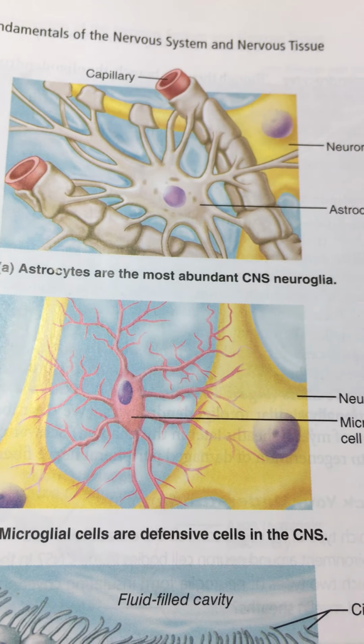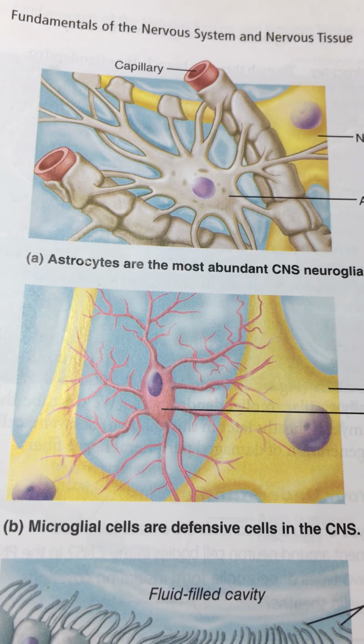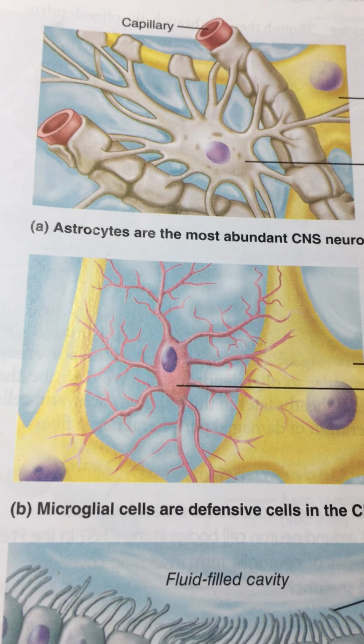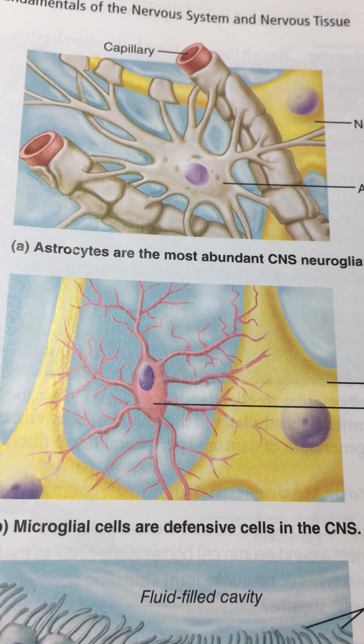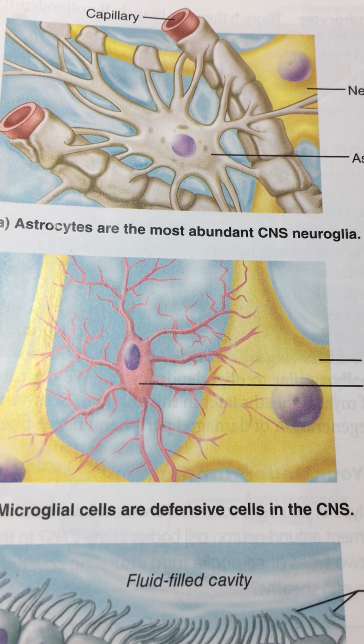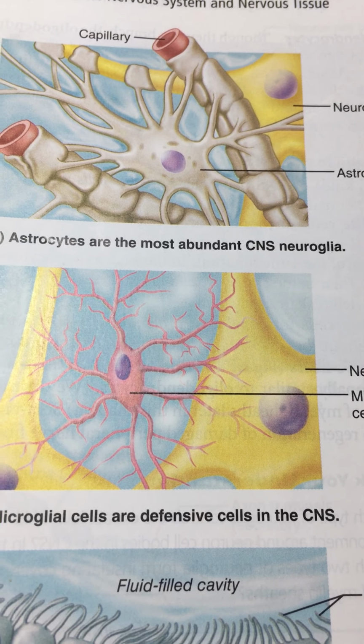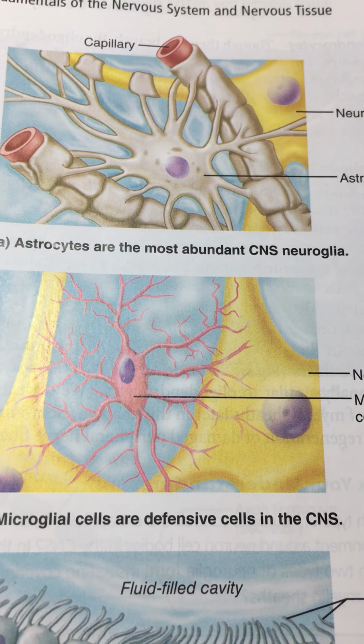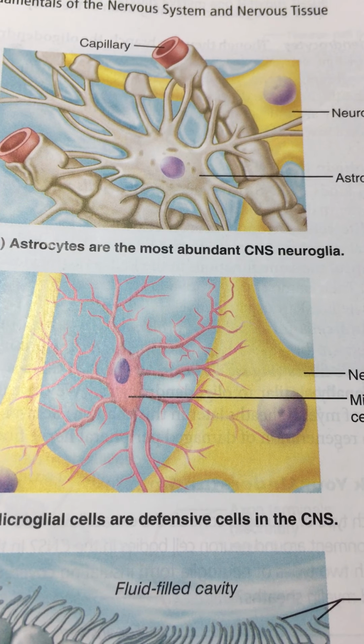And here we are now. These are the cells that create the tissues of the central nervous system, which is the brain and the spinal cord, other than the neurons.